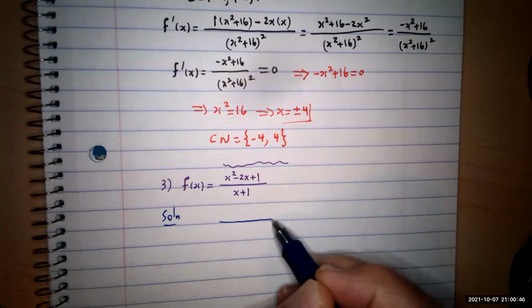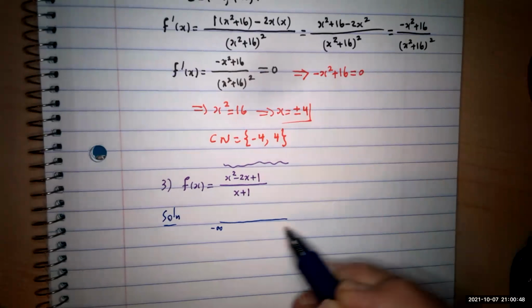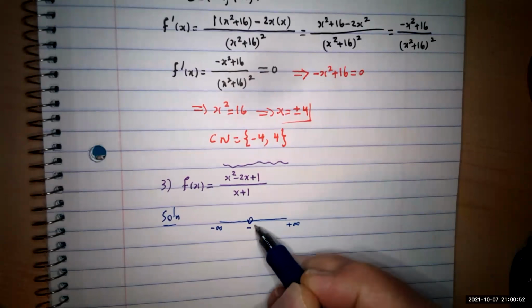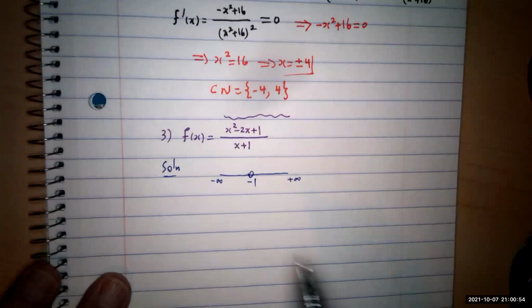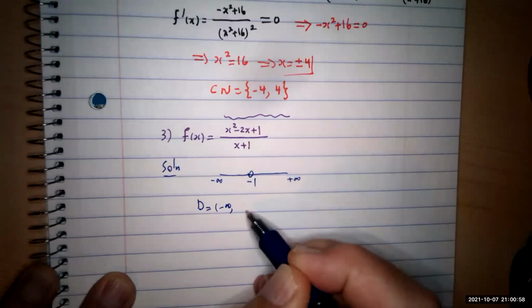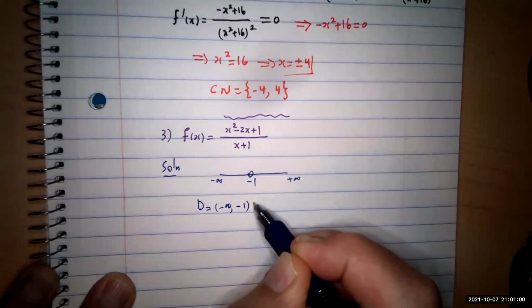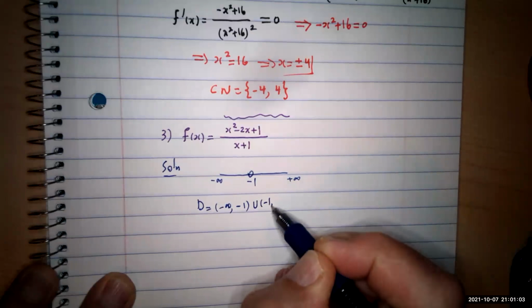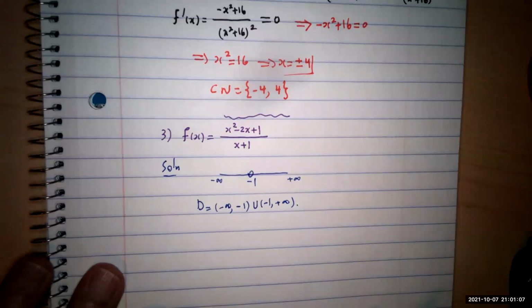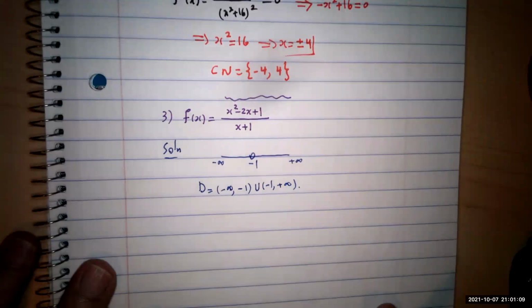So we take out the -1. The domain of this function is going to be negative infinity to -1, union with -1 to positive infinity. So that would be the domain. You need the domain for all of them.